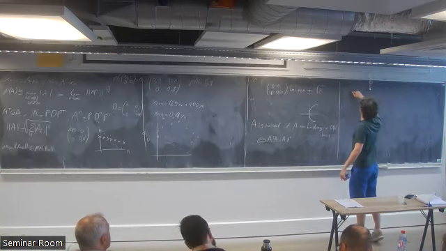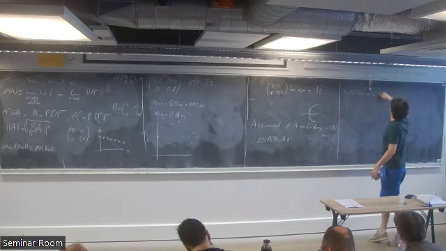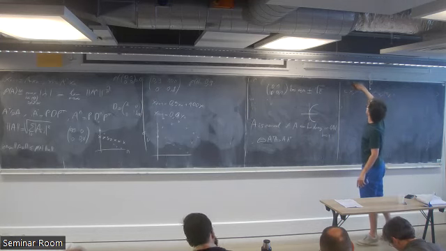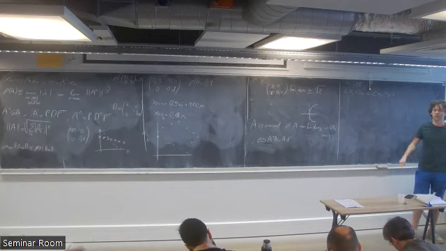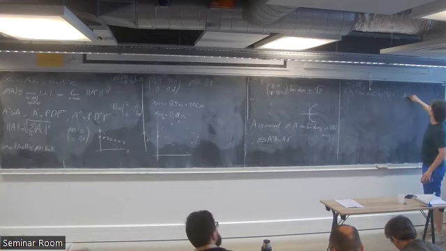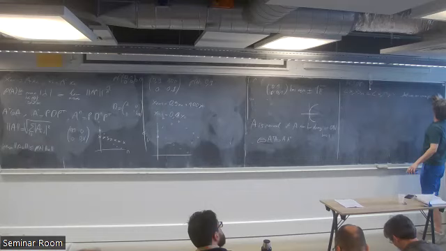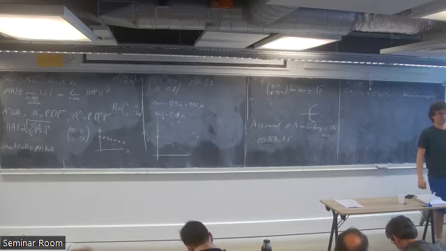If I define an inner product like this, with M symmetric definite positive, this defines an inner product. You just check the axioms and you see that it satisfies them.